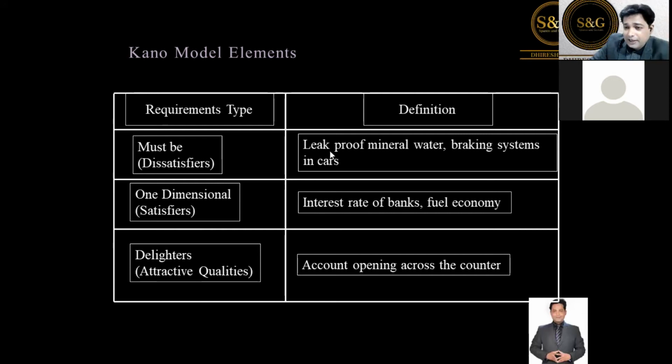When the must-be characteristics are not in place, Kano says you should find out projects in your must-be characteristics and fix them first. Do not go for one dimensional. Do not go for improvement, first solve the problems of must-be characteristics, and later take up one dimensional. If both of these are satisfied, then you go for the delighter level. Otherwise you do not go. Please do not go. Your customer will be dissatisfied. First fulfill your basic characteristics.